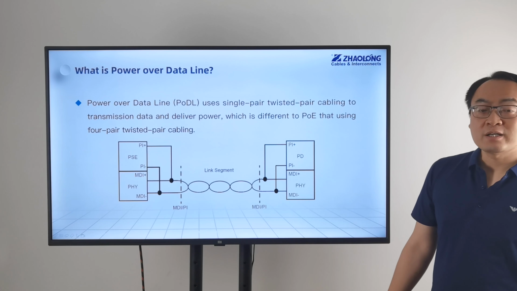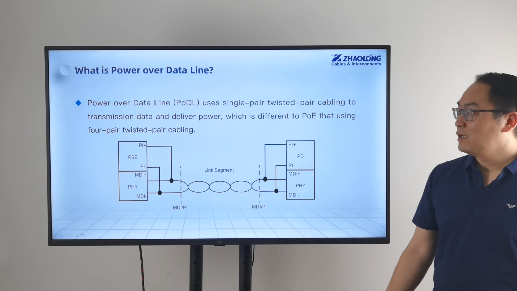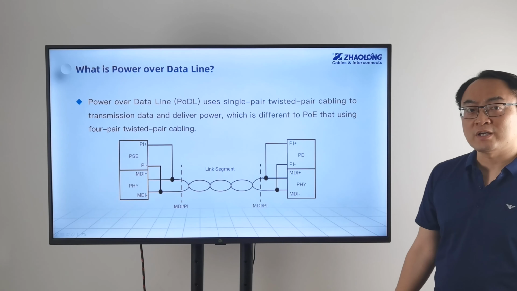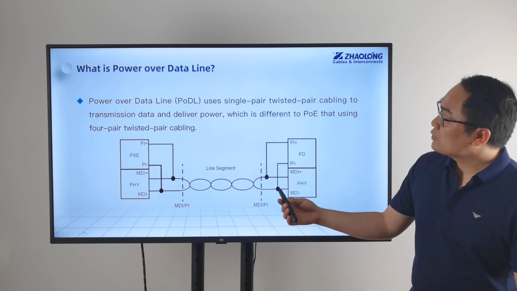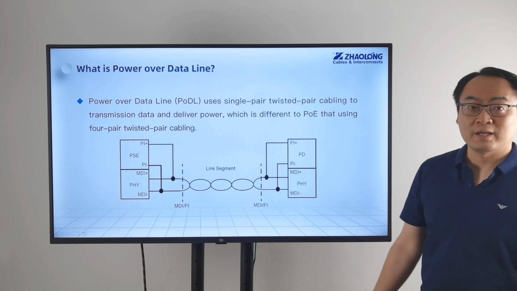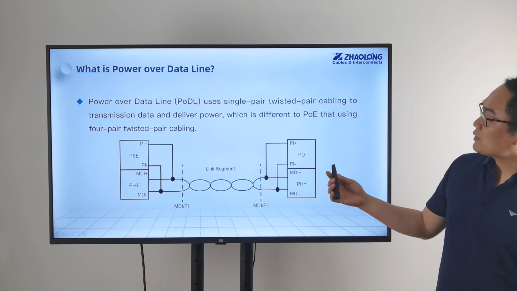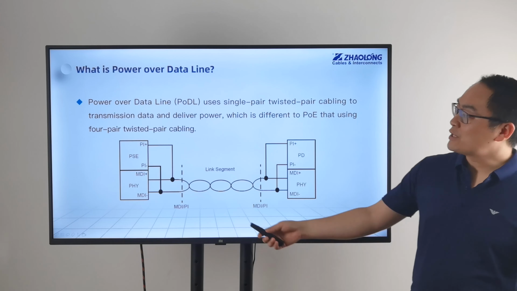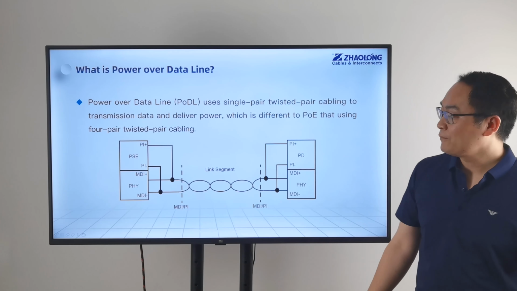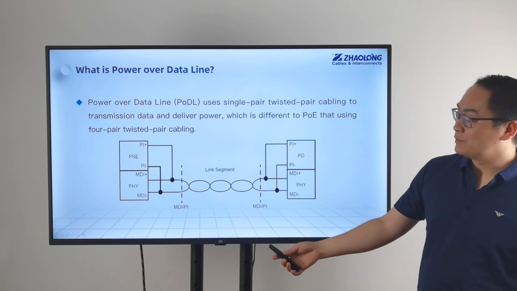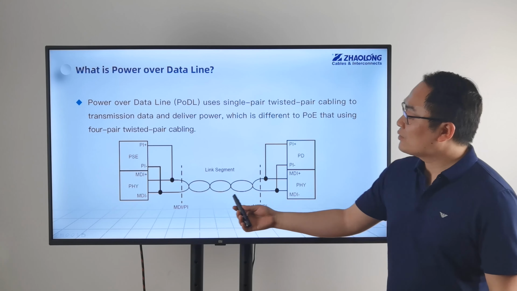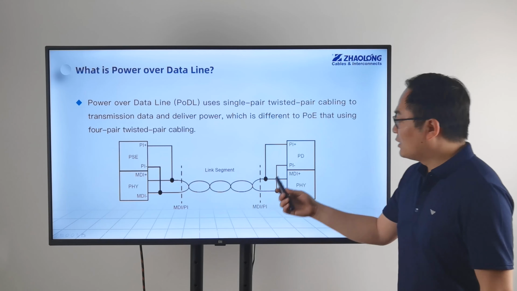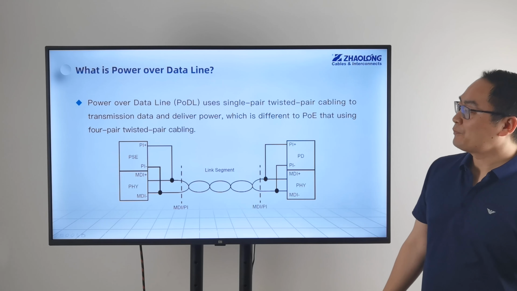The traditional data cable uses 4 pairs. However, nowadays in the automation and automotive industries, you can use just a single pair twisted pair cable. For this kind of cable, you can still use the POE technique, which is called power over data line. The technology is the same. You just use one single cable to transfer the data and deliver the power at the same time.